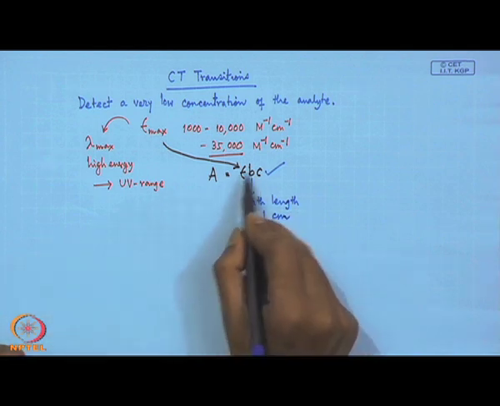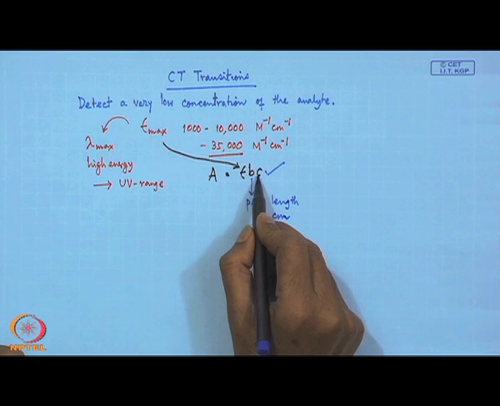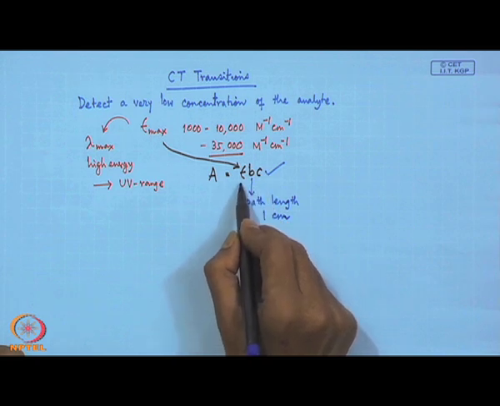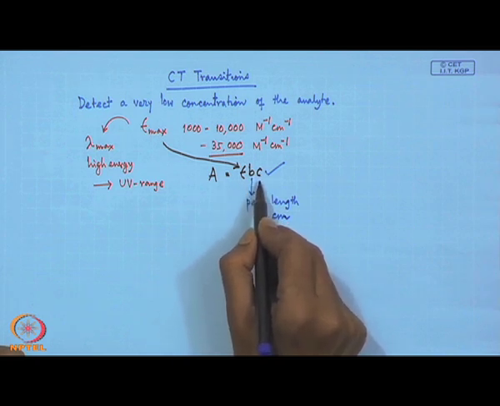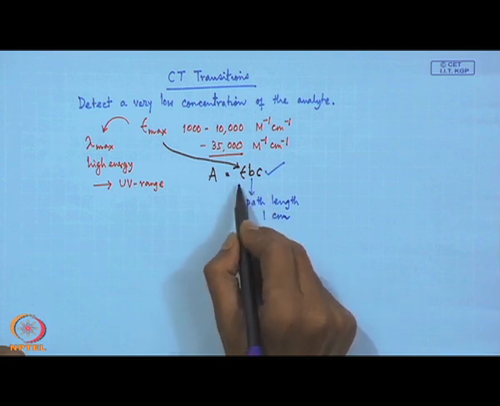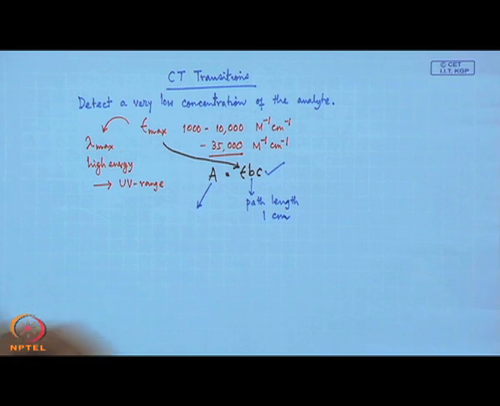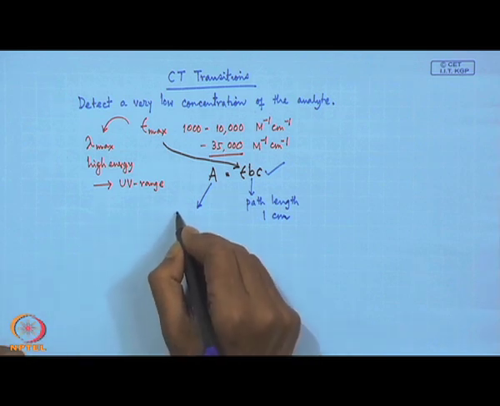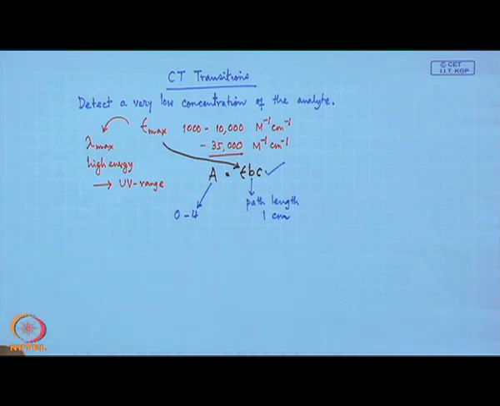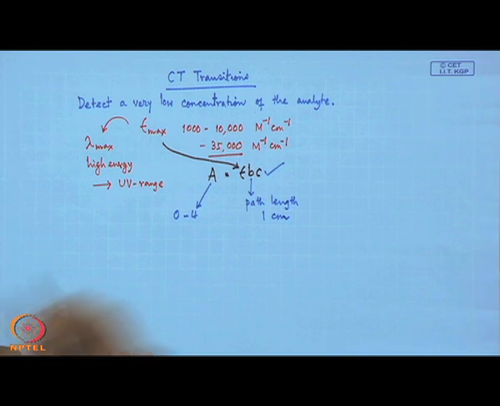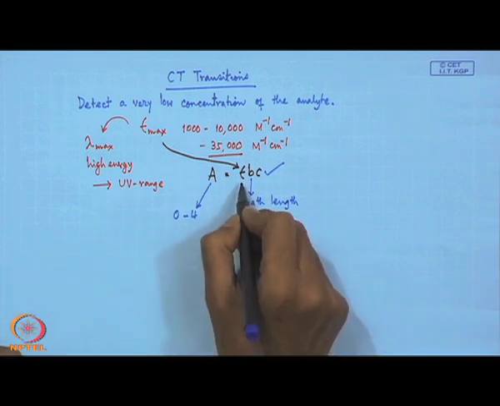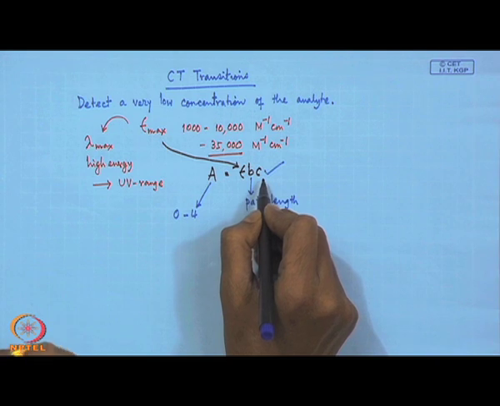So, there will be a balance between epsilon and c. If the epsilon value is very high, c can be very small. As a result, we get an appreciable amount of absorbance, which can range from 0 to 4. So, to get an appreciable absorbance value, we can detect the charge transfer band at a very low concentration.